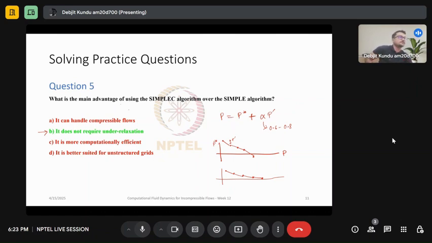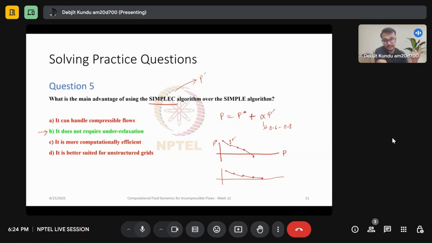Now, what the SIMPLEX algorithm does is that it improves the pressure correction term. The pressure correction term in SIMPLEX is actually better. It has fewer assumptions going into it, and so it reduces the chances of overshooting the correct solution as well.